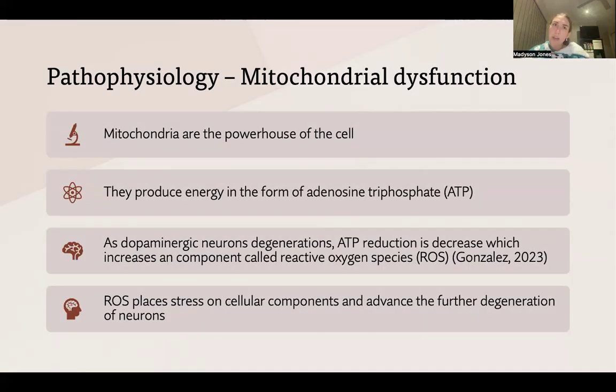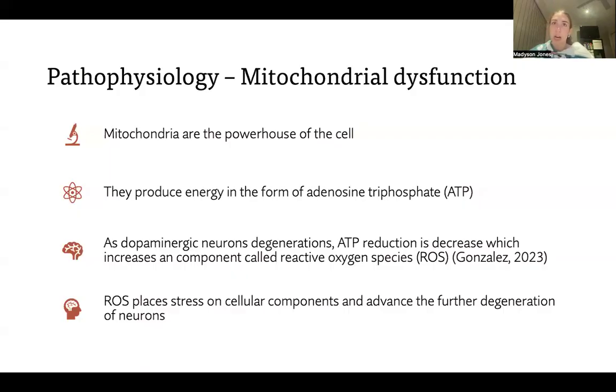So due to the degeneration of these neurons and reduction in activity in the substantia nigra, ATP production is also decreased, which causes an increase in a species known as reactive oxygen species, or ROS. ROS places oxidative stress on cellular components like proteins and lipids, and essentially advances the degeneration of more neurons and advances the symptoms of Parkinson's disease.